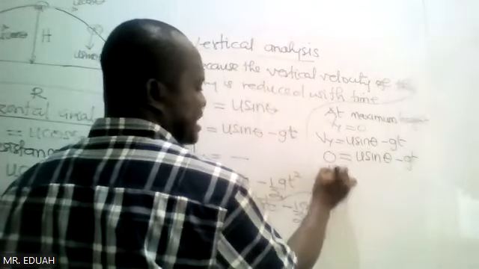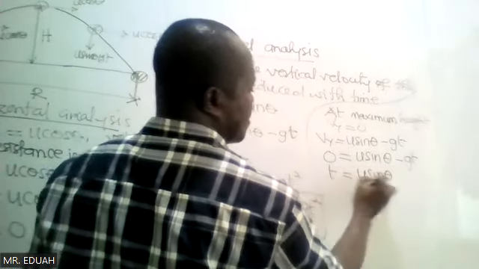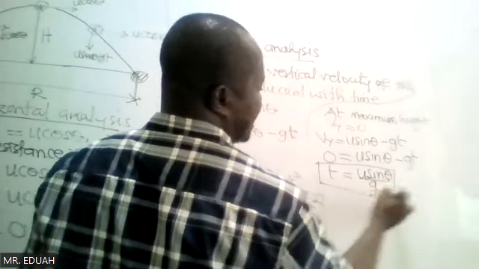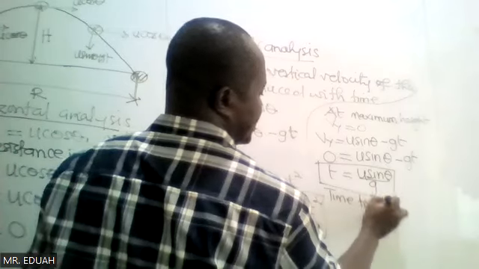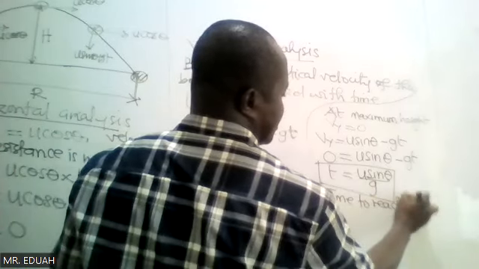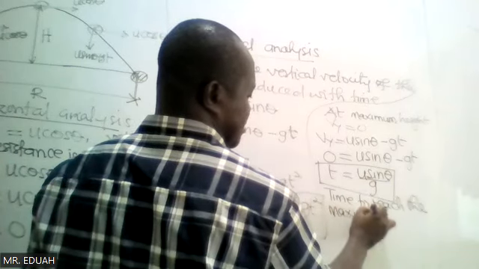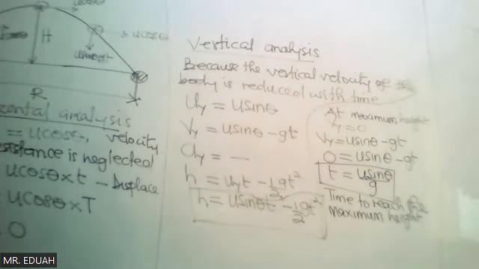If we make t the subject, we have t equals u sine theta over g. And this is the time taken to reach the maximum height. Please, are we fine?